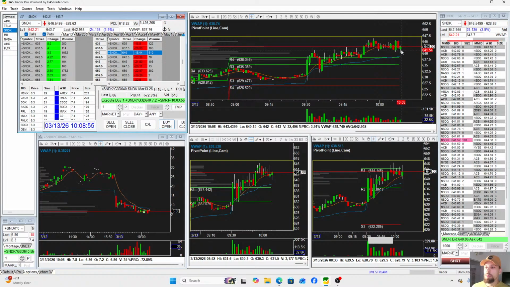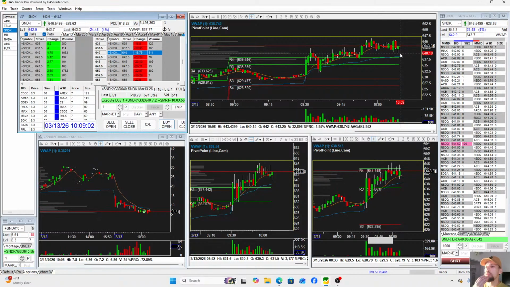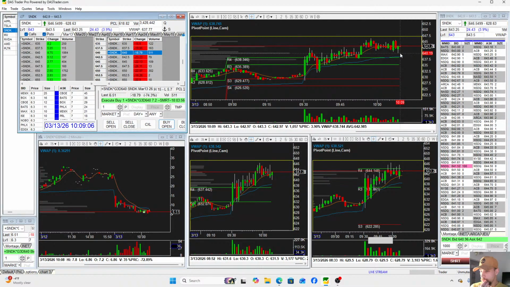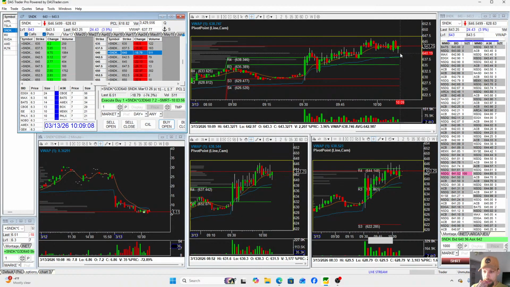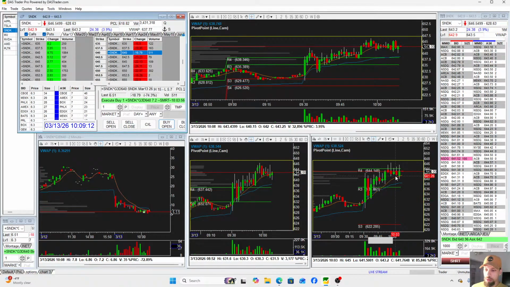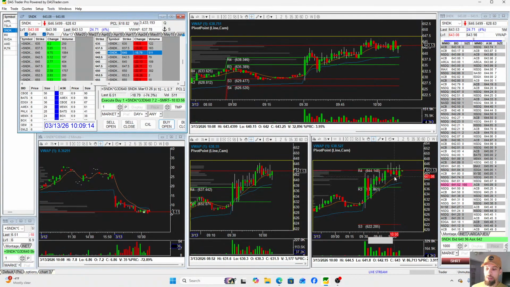Seemed like we were maybe going to move down there, but it's getting bought back up, so not going down just yet. It's not going down without a fight. On the 3-minute chart now, you can see it's riding this moving average nicely.